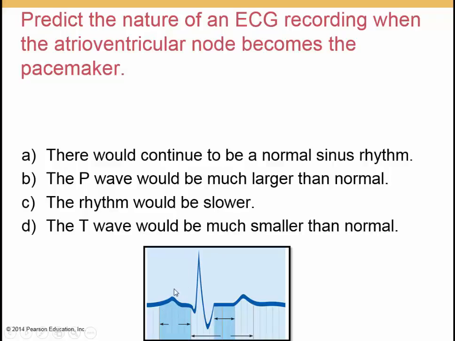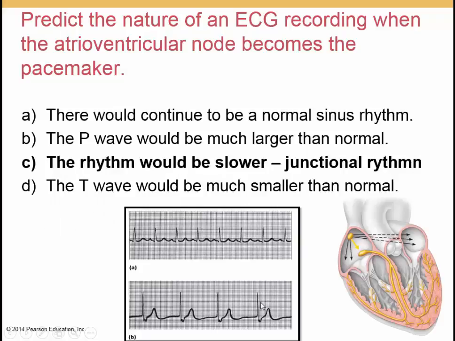Well, if it's not firing off, we're losing her, right? The rhythm's going to be slower. I'd have to agree with that, because the AV node doesn't fire as fast. The T wave would be much smaller than normal. Negatory, because if we're firing off, it's still going to repolarize. So, process of elimination, the rhythm is going to be slower, and that is one of the dysfunctions I showed you earlier, junctional rhythm there.